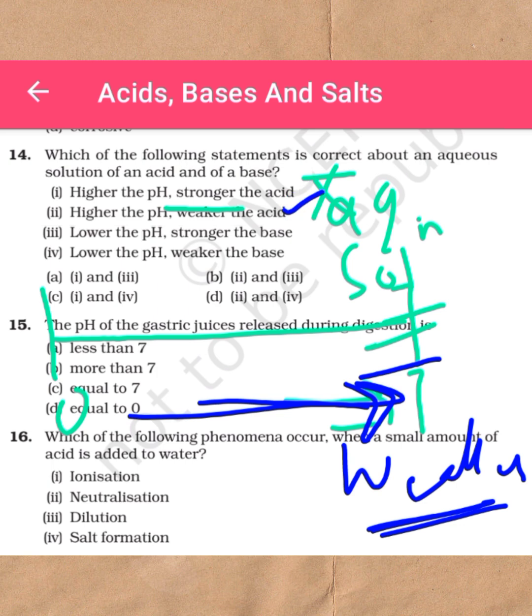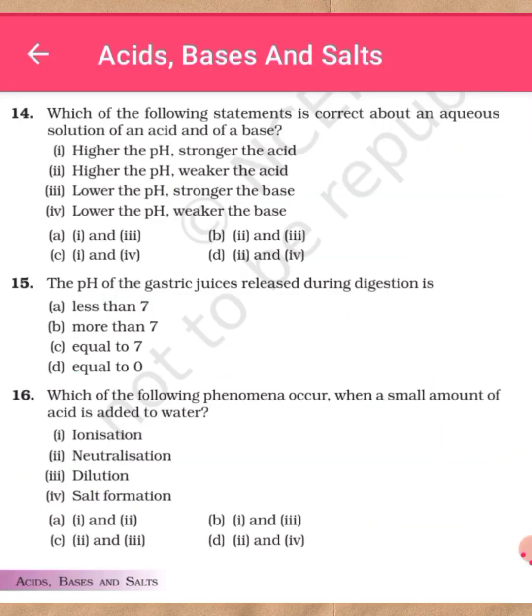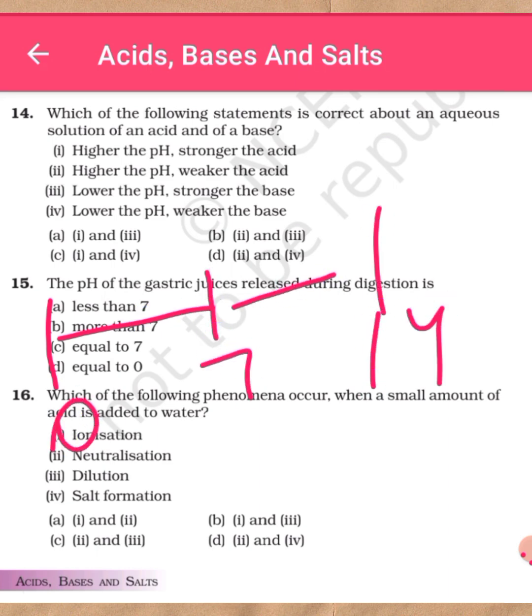Next, lower the pH, stronger the base. If we go from 7 to 14, the pH scale 7 to 14 is related to the basic nature. pH from 0 to 7 is acidic and 7 to 14 is basic.